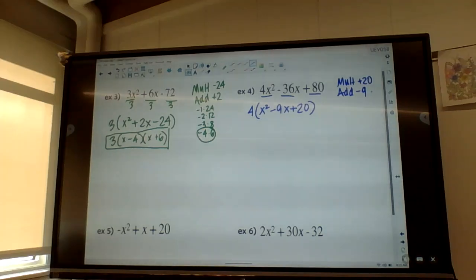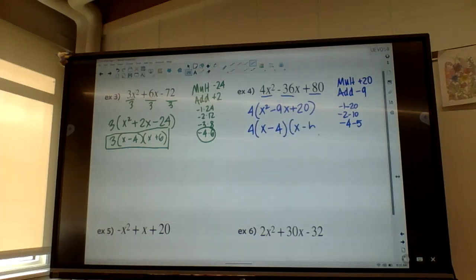Now when I want to multiply to get a positive but add to get a negative, they're both going to be negative. So the two negatives are going to be the negative 4 and the negative 5. And again, the order you put them in does not matter.